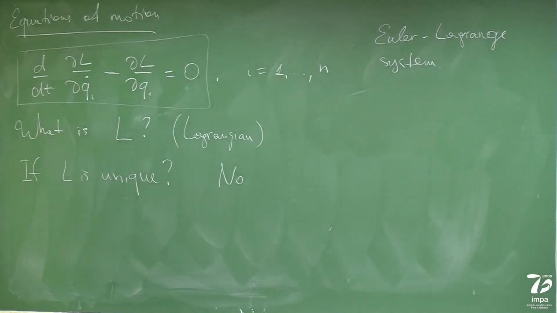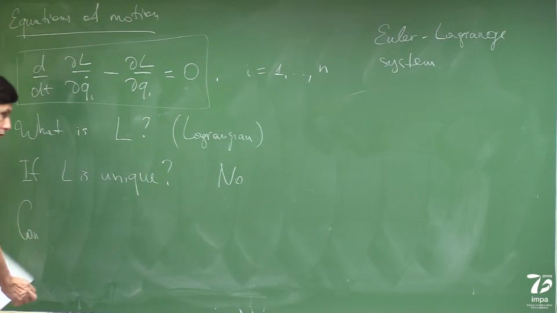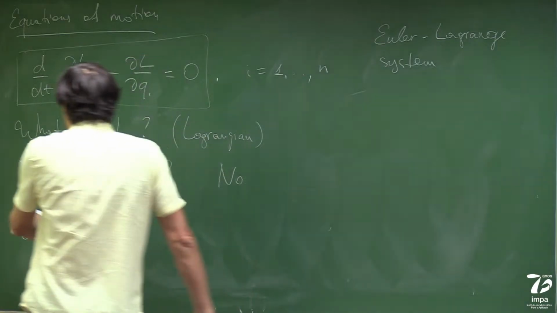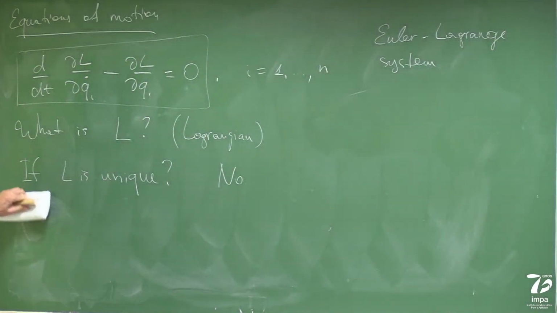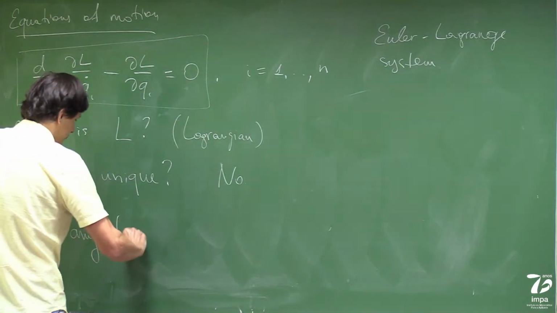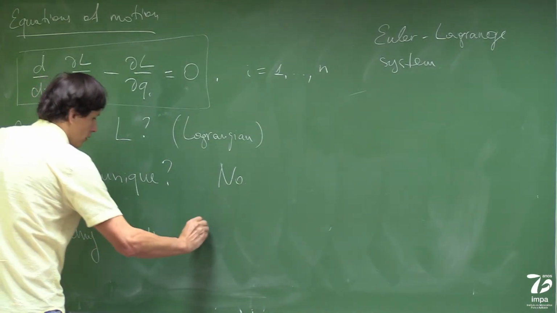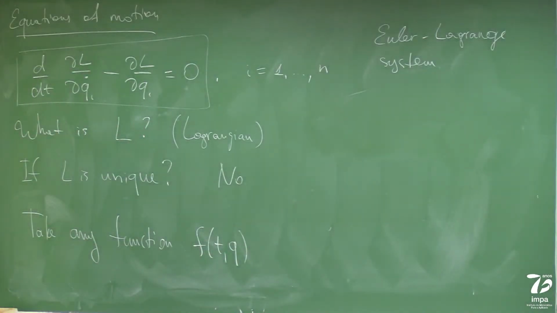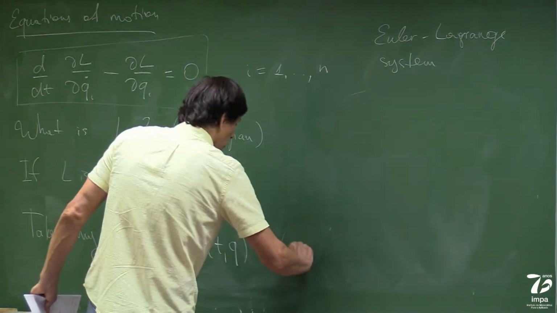And why? Because we can find a whole class of Lagrangians which give exactly the same dynamics. Take any function which depends on coordinates and time, just coordinates and time, so there are no speeds.